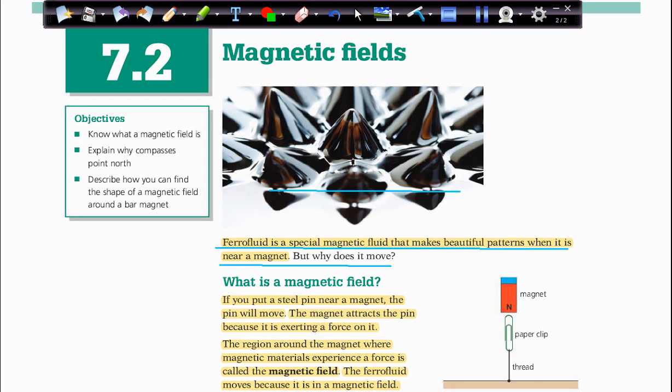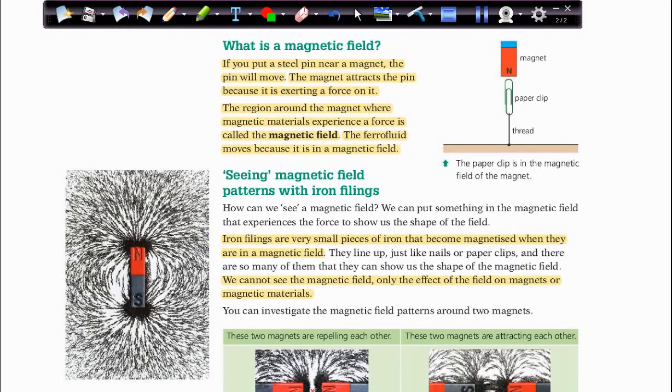So what is this magnetic field? If you put a steel pin near a magnet, the pin will move. The magnet attracts the pin because it's exerting force on it.